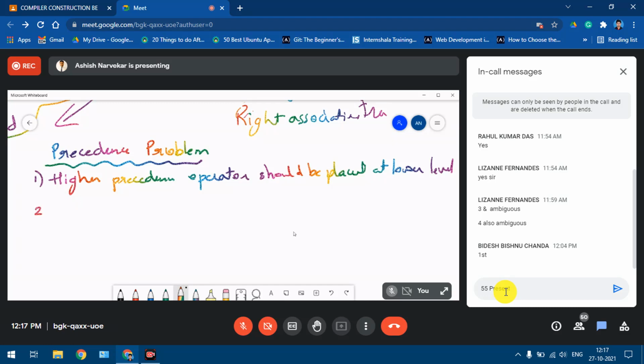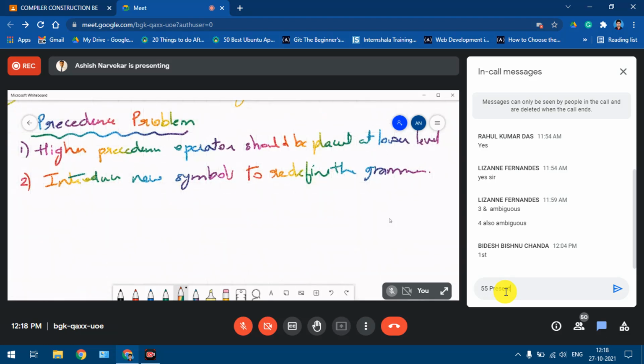The next thing is to introduce new symbols to redefine or rewrite the grammar. So there are two things that we need to do: the high precedence operator should be placed at a lower level, and introduce new symbols.